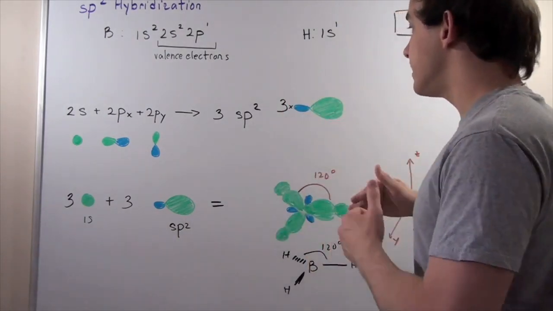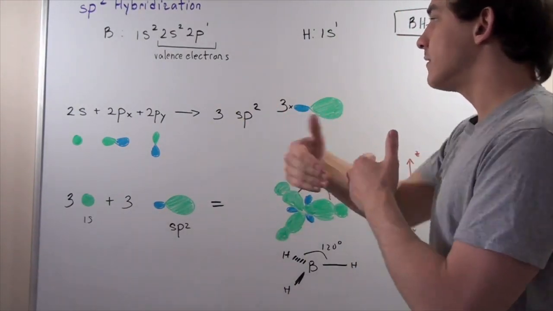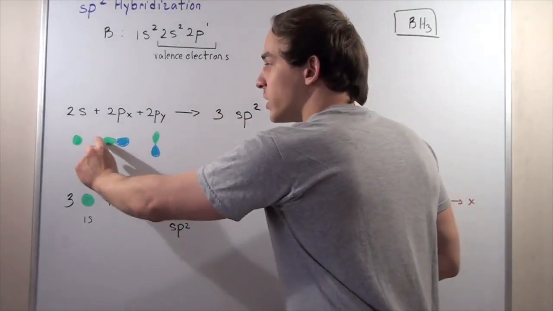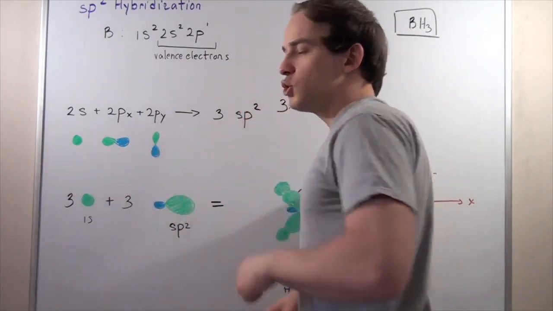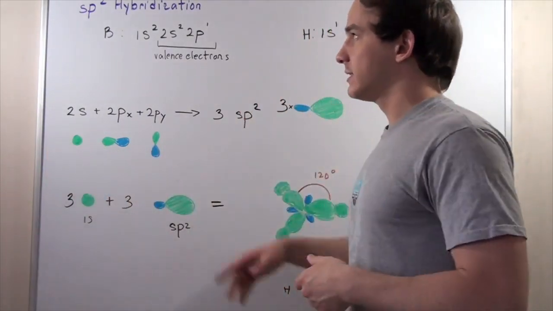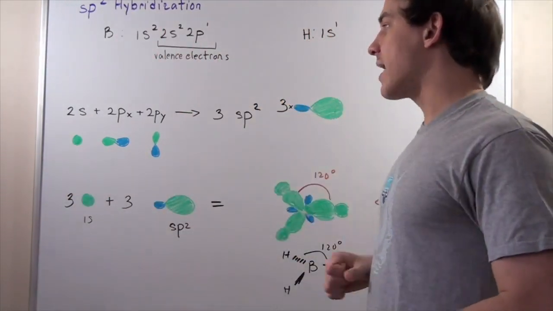The only difference is they all lie in different directions, so they point in different directions. Because we're combining 2 2p orbitals and 1 2s orbital, we're going to have 66% p character and 33% s character.